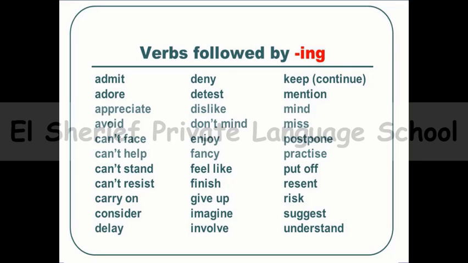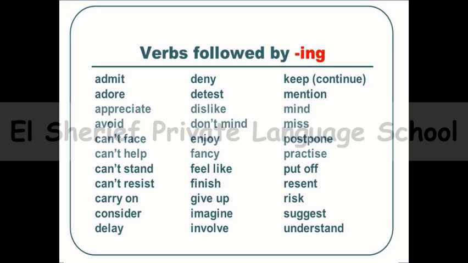But I can say, I always remember visiting my grandma in Alexandria. So here, that means now I use the verb remember to remember an action that already happened before. I already visited my grandma in Alexandria, and this is a happy action for me, so I always remember it.